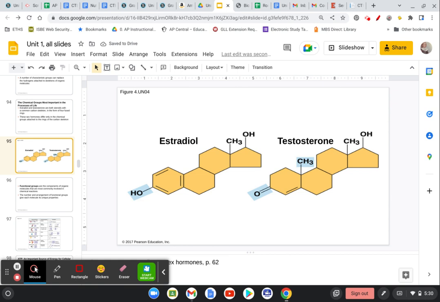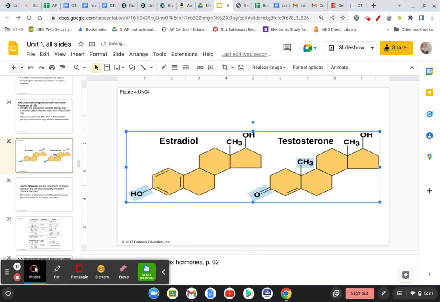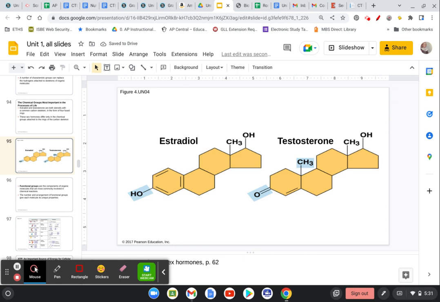Here's estradiol and testosterone. You will not have to remember the shape or the structure of estradiol and testosterone. I'm only showing you this because of these side groups that are here. This is what's called hydroxide, and this is called methyl, not methane.